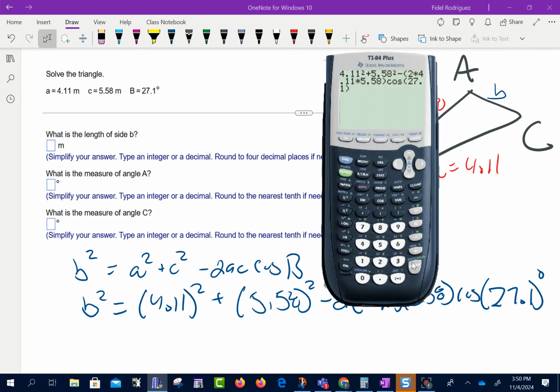Okay. And let's hit enter. And again, y'all, that's giving me B squared, right? If I want to find the value of B, I got to take the square root of my answer.